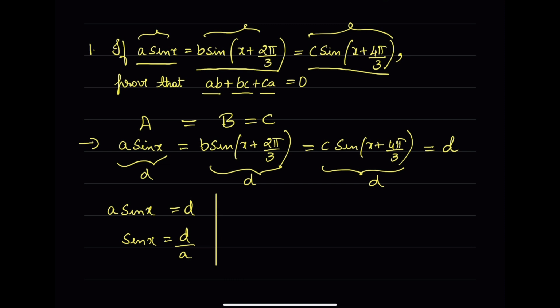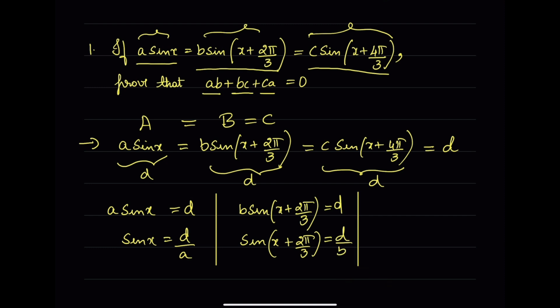Then second part, we can write this as b sin of x plus 2 pi by 3 is equal to d. So sin of x plus 2 pi by 3 is equal to d by b. And the third one we can write as c sin of x plus 4 pi by 3 is equal to d.